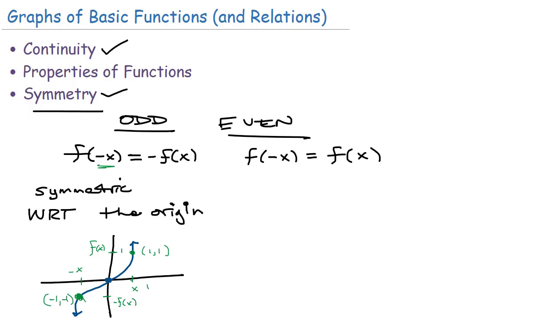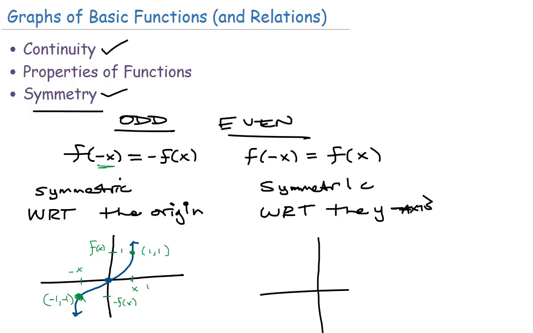Now if it's even, this one also has symmetry, and this time it's symmetric with respect to the y-axis. So even functions have symmetry with respect to the y-axis, and visually this is saying if I plug in negative x, it's the same y value as if I were to have a positive x.